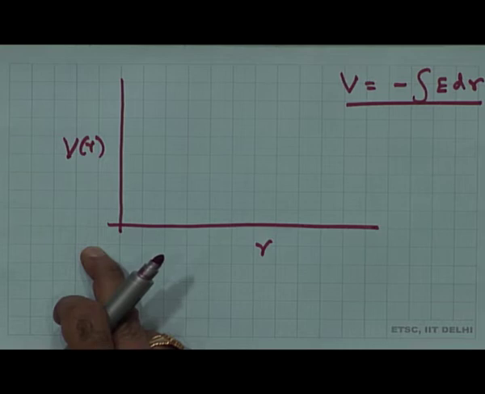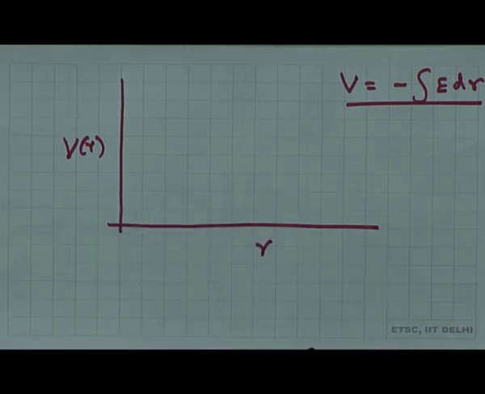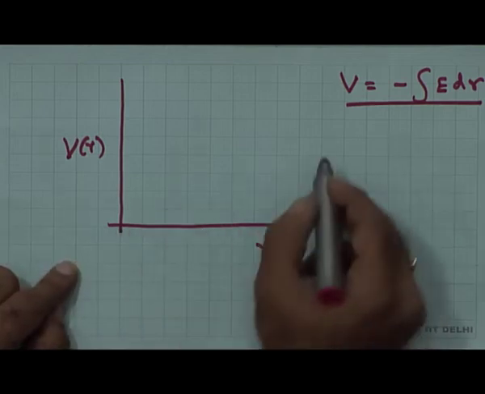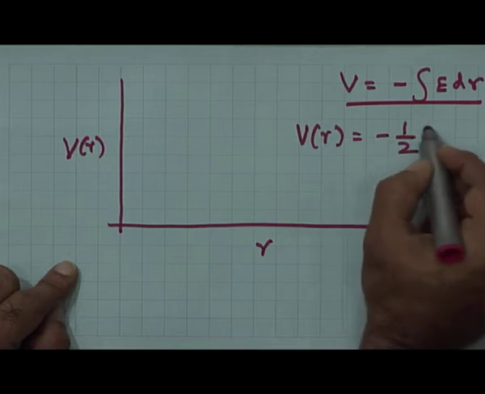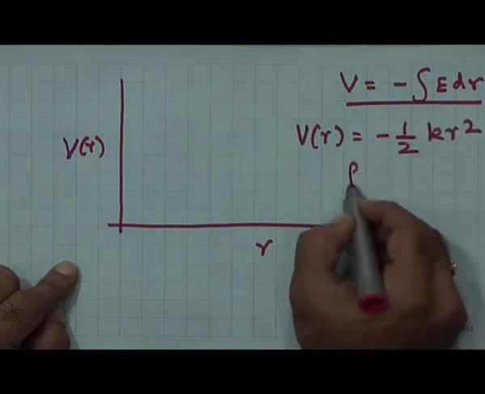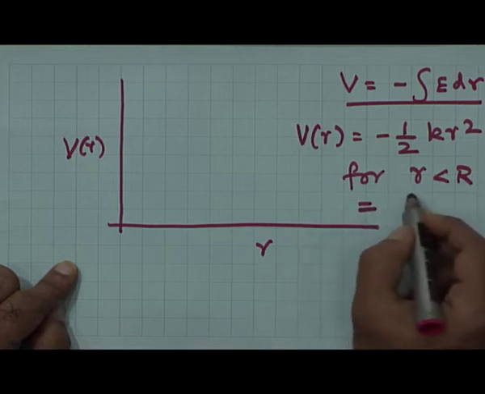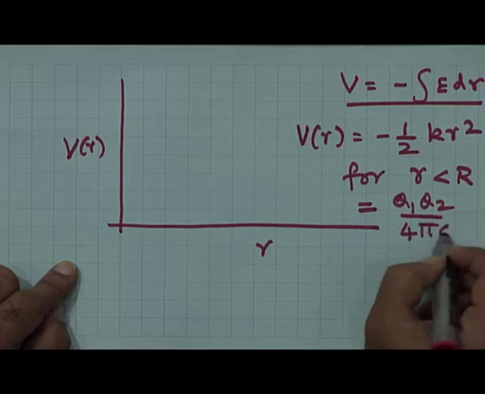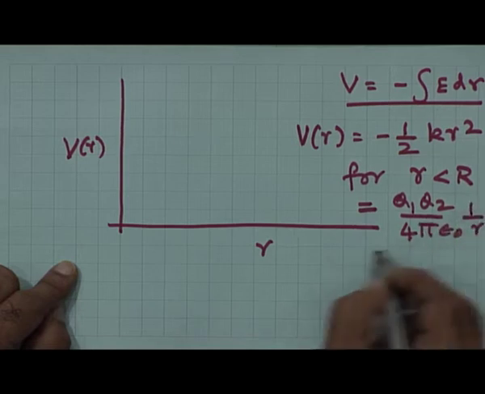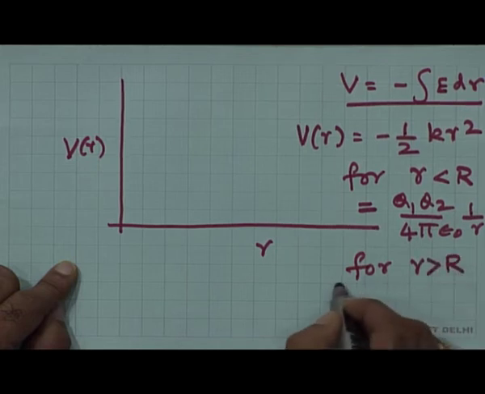Negative. That is something that we have to remember. For r greater than R, of course it is a positive quantity. So the potential energy V of r is minus half k r squared for r less than R, and this is equal to q1 q2 over 4 pi epsilon naught 1 over r for r greater than R.